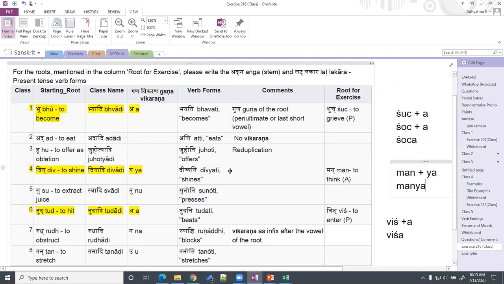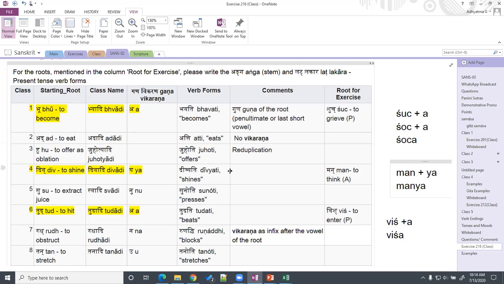Another thing I want to tell you is this, that a root can belong to more than one class. So there are some special cases where a root can belong to more than one class. Dictionary normally tells you how many classes the root belongs to.